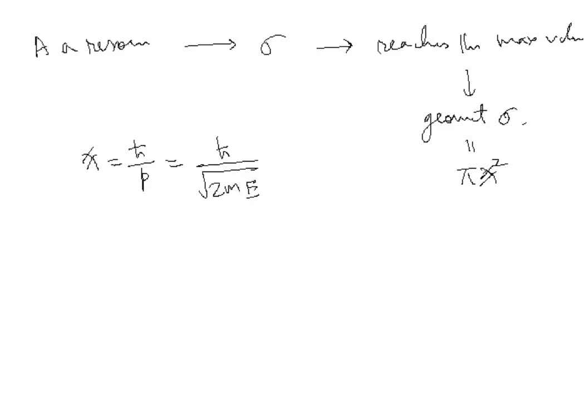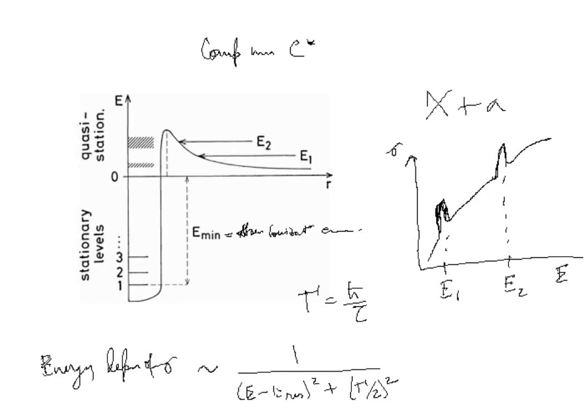Now we have used the non-relativistic relation between the two of them, and remember this m is here the reduced mass. So you see the meaning of this, just a second, let me write down this energy dependence of this cross section. Let me give it a term, say chi of E. This is the energy dependence at near resonance.